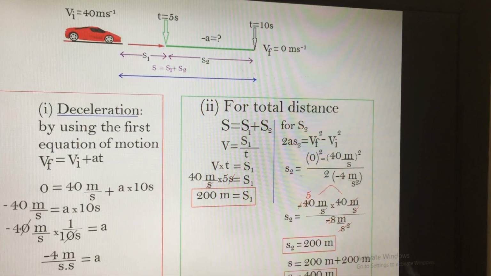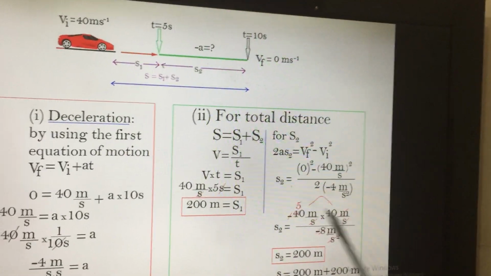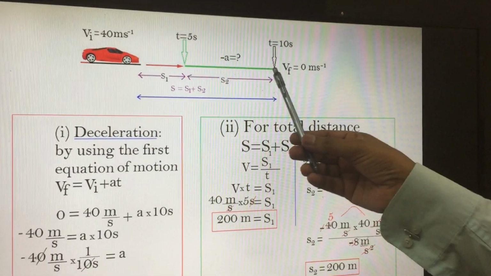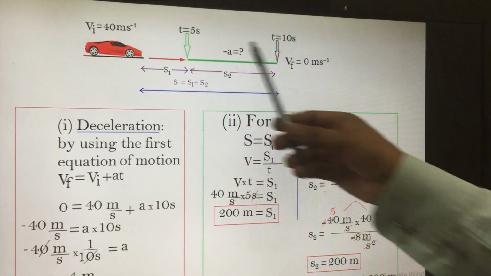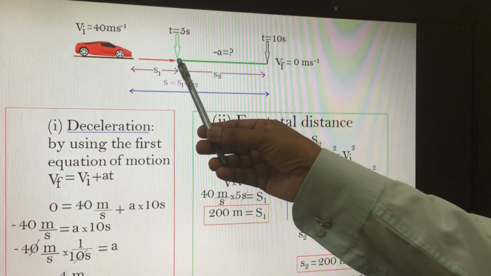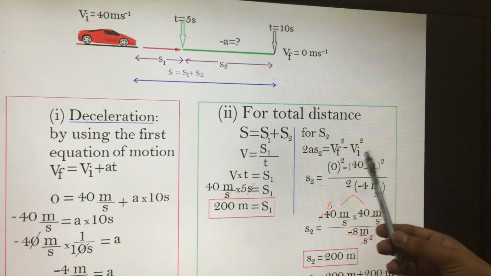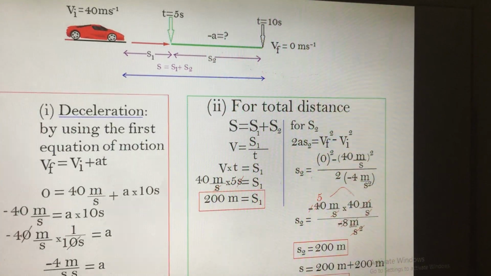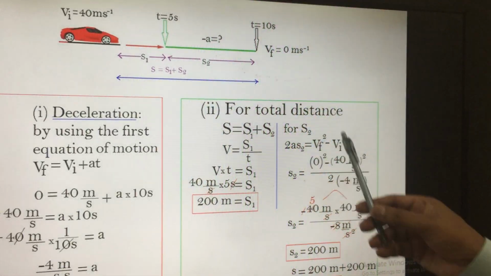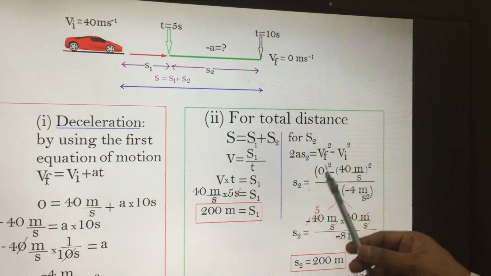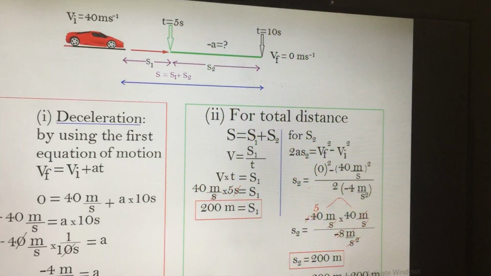Now the second one. For the second one, we cannot use the same equation. Why? Because here we have acceleration, because velocity is changing as the car is slowing down. So we use the third equation of motion, 2as is equal to Vf square minus Vi square. As the final velocity is 0, 0 square will be 0, so there is no change, right?